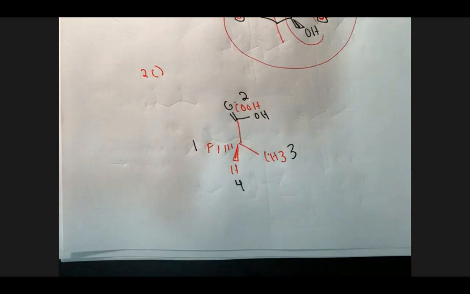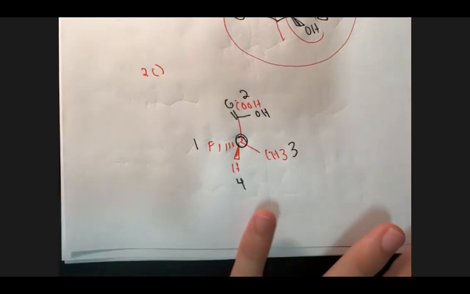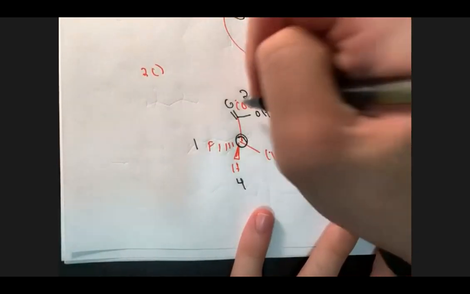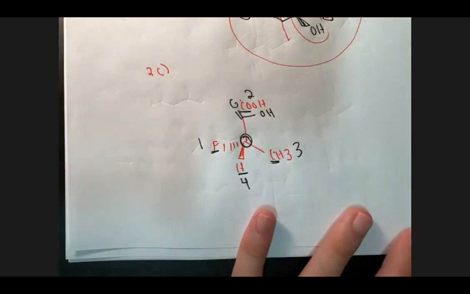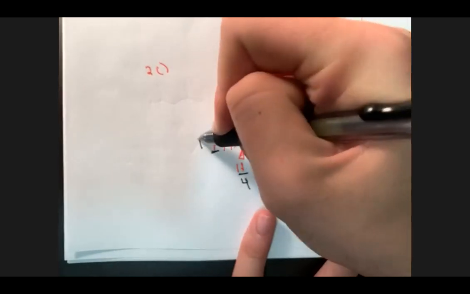I'm still a little confused on why the carboxylic acid is less complex than the fluorine. Okay. The first thing you need to do is look at the atom directly attached to the chiral center. This is clearly my chiral center. The atoms directly attached are carbon, carbon, fluorine, hydrogen. Rank it right there. Fluorine has the higher atomic number, so that's 1.